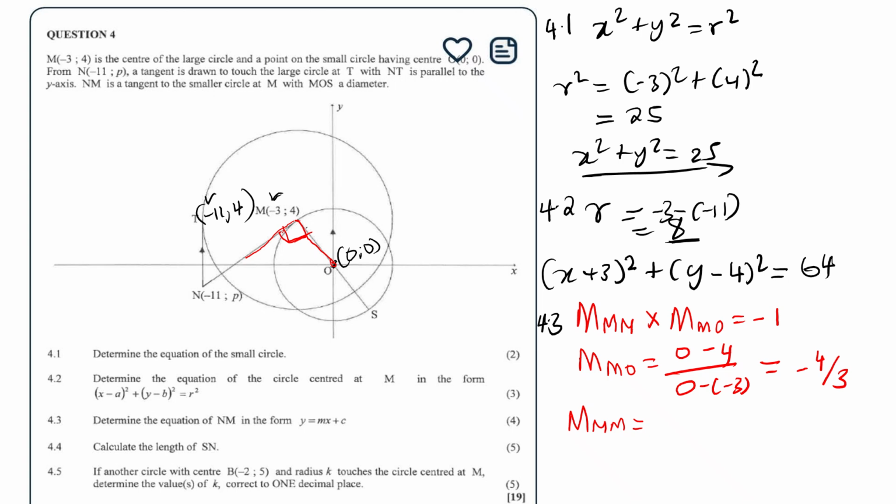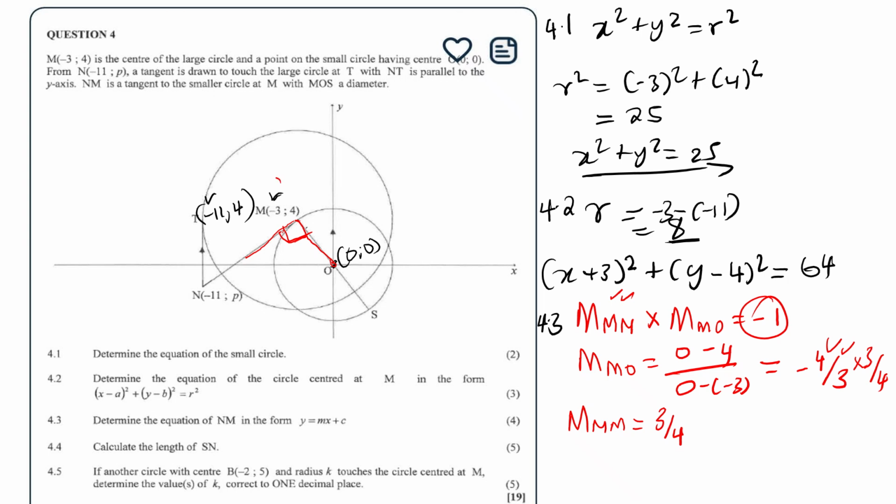So if we multiply by -4 over 3 and get -1, our gradient of MN will be 3 over 4, because 3 over 4 multiplied by -4 over 3 is equal to -1.